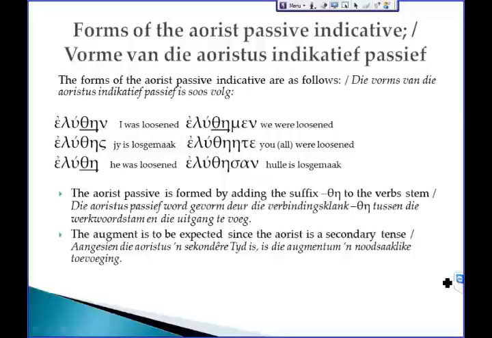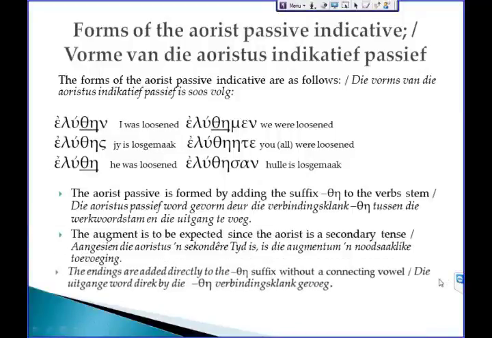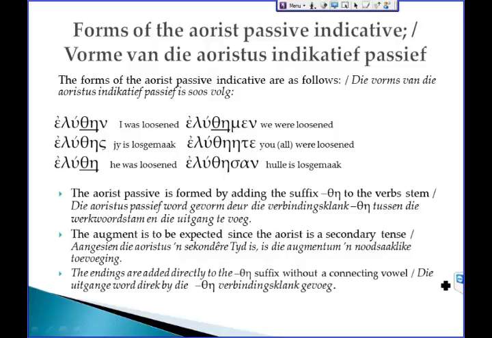And then, lastly, regarding the formation of the aorist, the endings are added directly to the suffix without a connecting vowel. What are we talking about here? Look at the suffix the, and there comes your ending.